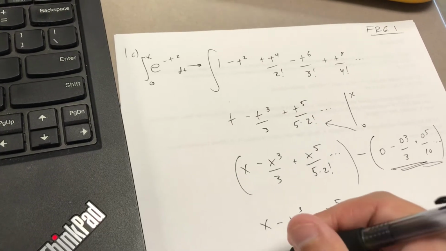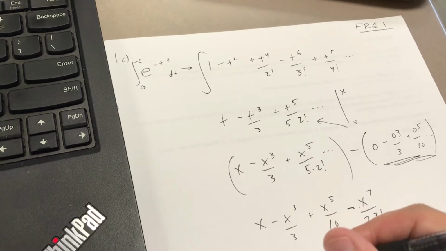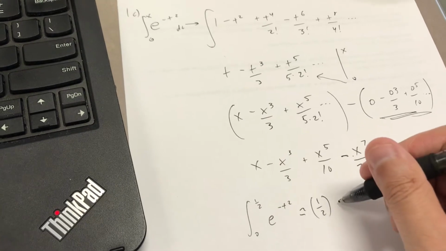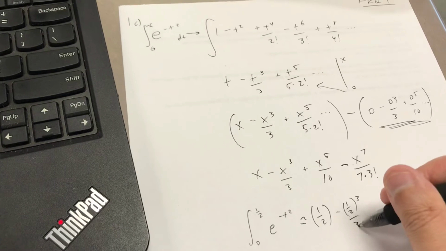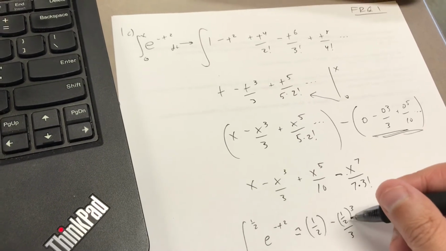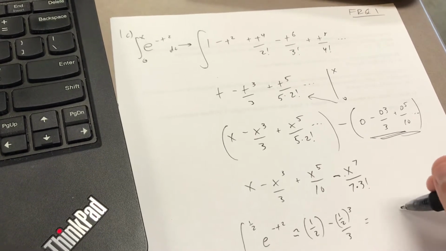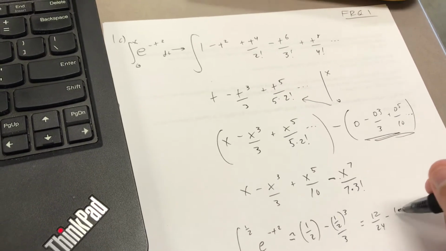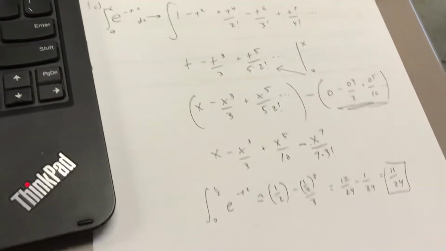So the integral from 0 to 1/2 of e to the negative t squared would be approximately 1/2 minus 1/2 cubed over 3. 1/2 cubed is 1/8, so this could be 24ths. This could be 1/24. So we'll write this as 12/24 minus 1/24, which is equal to 11/24. And that would be our estimate here.